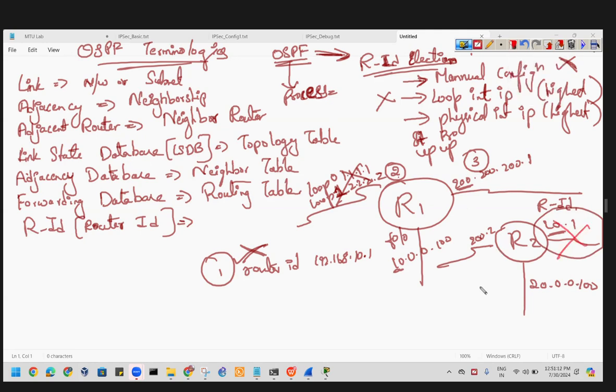So you have to restart the process on the OSPF router, or you have to reload the router. So how do you restart the process? You will say clear ip ospf process. It will ask you whether you want to start all the processes. You will say yes. Then the process will be restarted. Any changes you've made, if you want your router to consider them, you will have to clear the IP OSPF process.